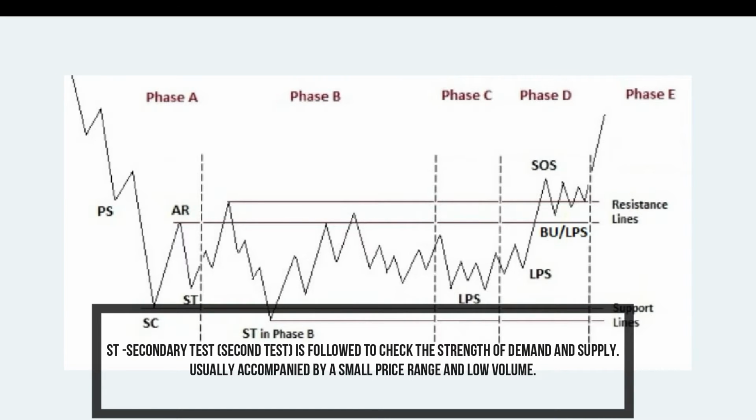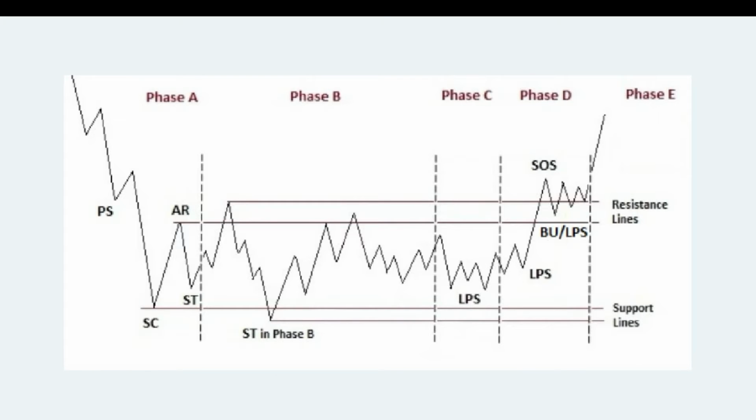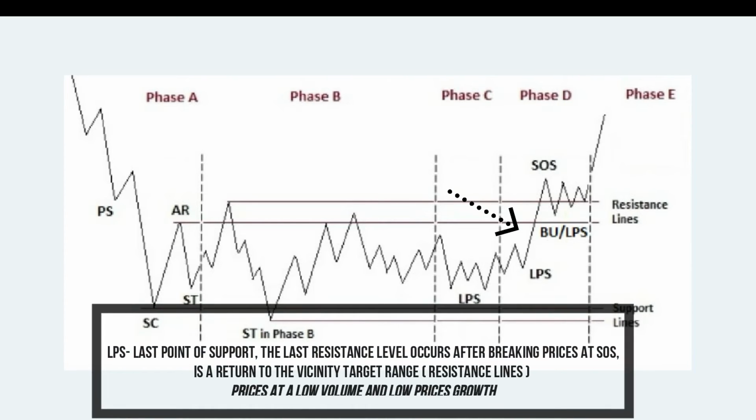So prices at SOS, sign of strength, in return to the vicinity of the target range. So we see here 1, 2, and let's say this is the last point of support, really the last one. Prices going back to the target range.